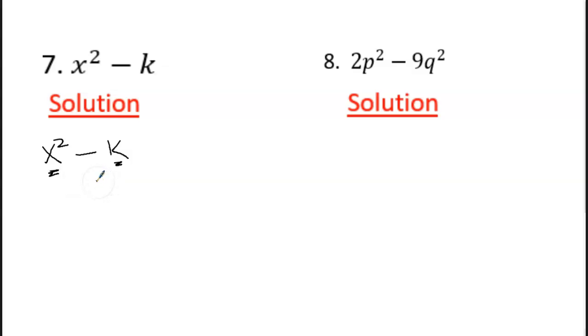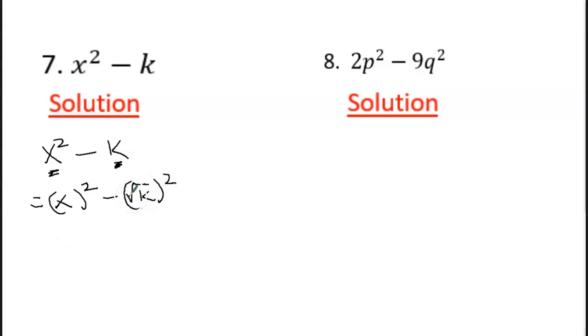But if you still want to, you are asked to factorize, then you have to find a way of rewriting k so that it will be a perfect square. And this is how you can rewrite it. So x all squared minus square root of k all squared.